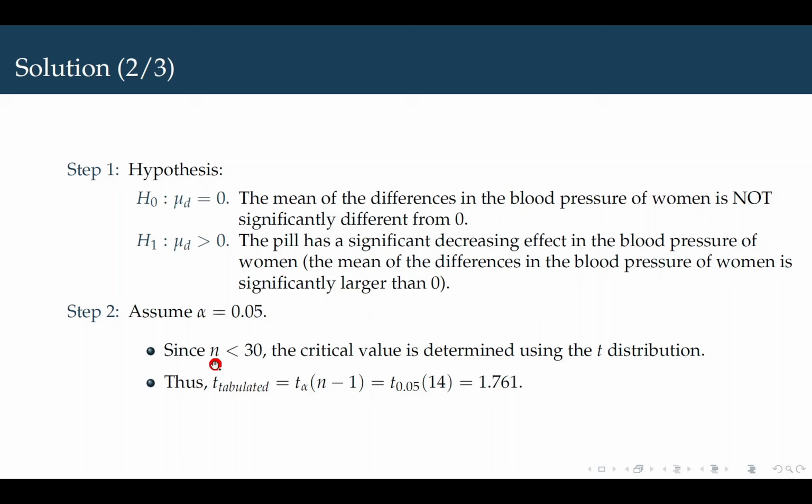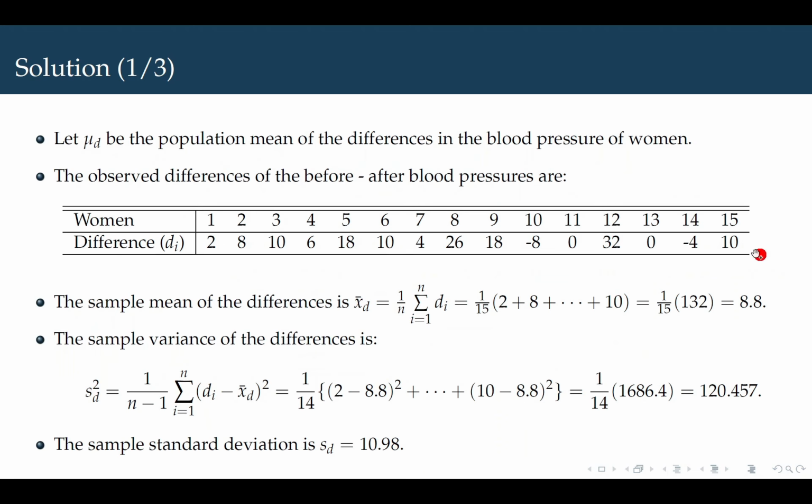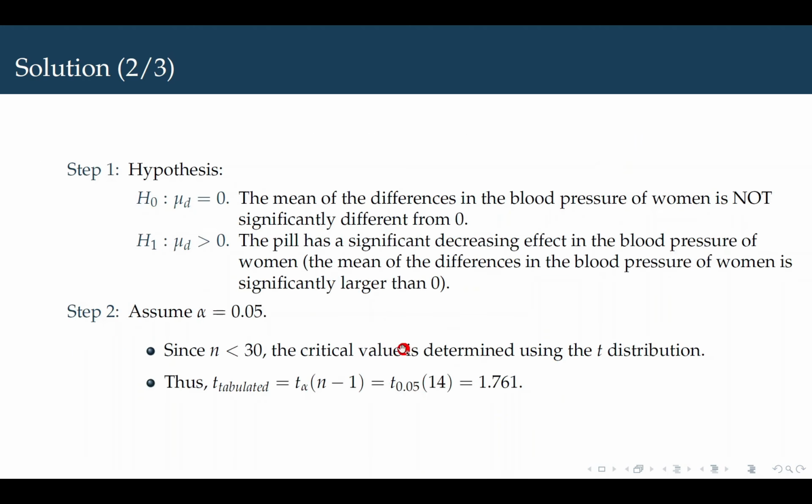And here, since the sample size n is less than 30, specifically the sample size is 15, therefore the critical value is going to be calculated using the t distribution. So the tabulated value is T alpha with n minus 1 degrees of freedom.